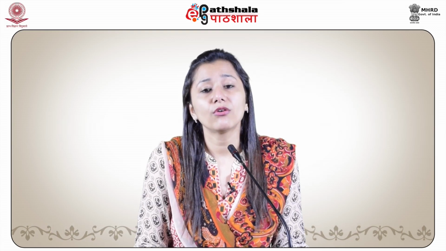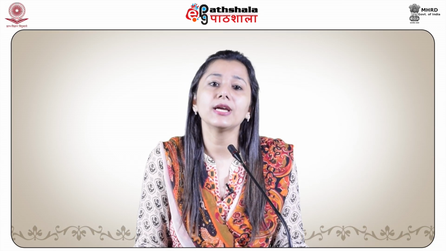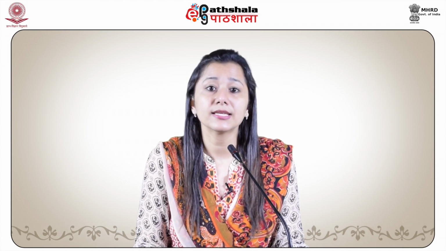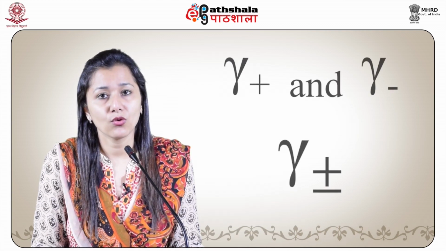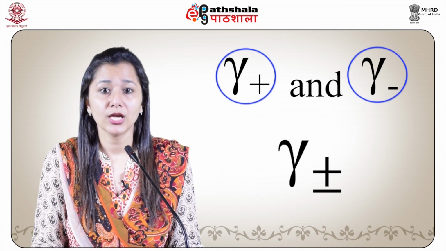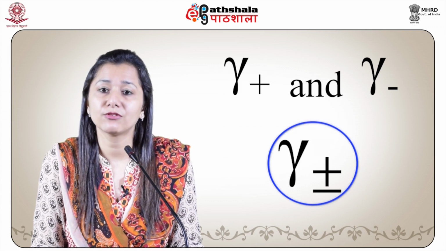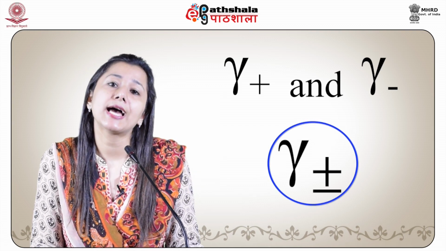Now we shall talk about mean activity coefficient. The activity coefficient of individual ions can never be determined because in a strong electrolytic solution, only cations or only anions can never exist. Cations are always accompanied by anions and vice versa. Therefore, gamma+ and gamma- cannot be determined individually. So, we define a new term called the mean activity coefficient, which is represented as gamma±.